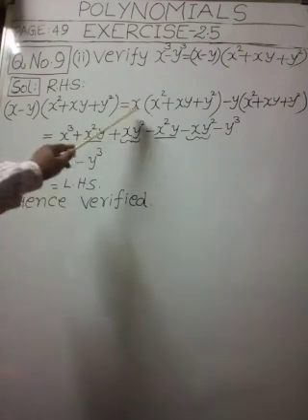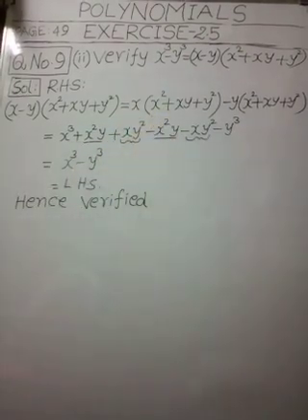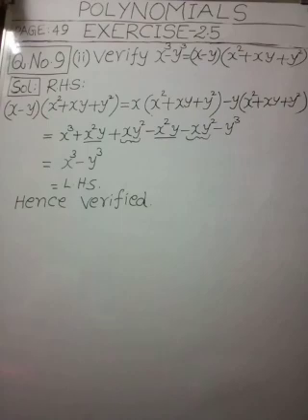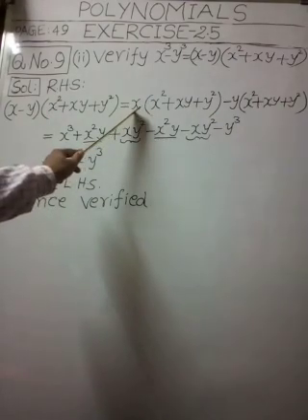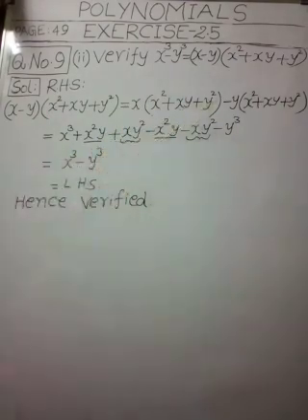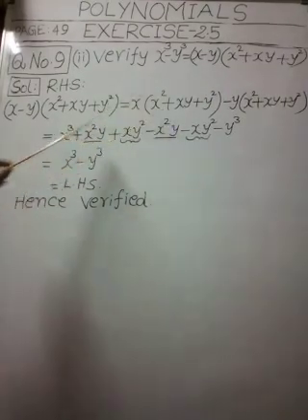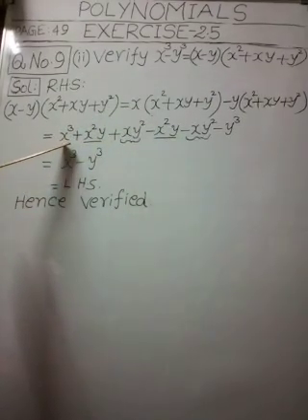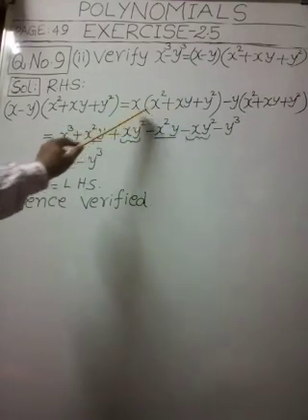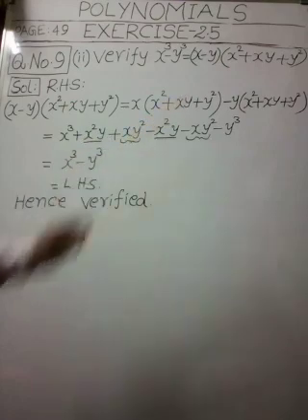Right. Now here we apply the distributive property. So by this x we multiply every term of this expression. Okay, my dear children. x into x square, what will you get here? x cube. Understood this first term? Right. What is the second term? x into xy.